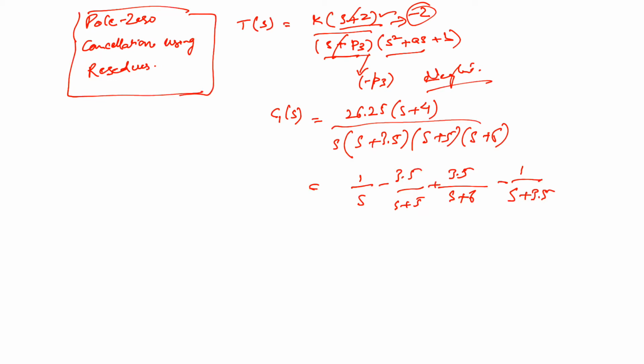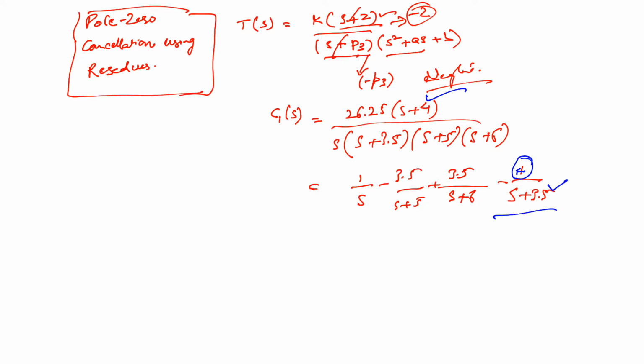Now from this equation, we see that the residue of the pole at minus 3.5, which is closest to the zero at minus 4, is equal to 1.